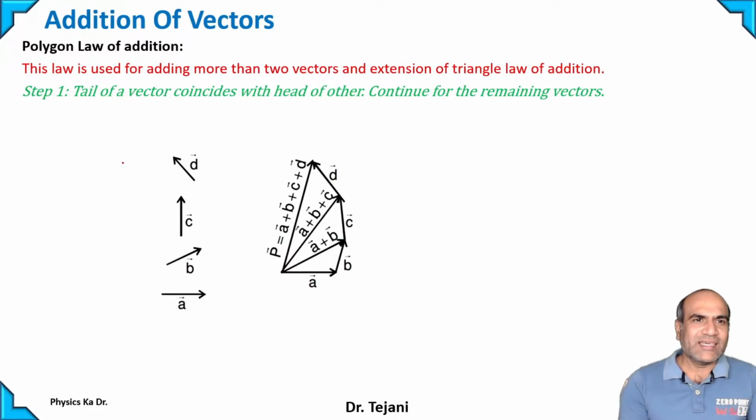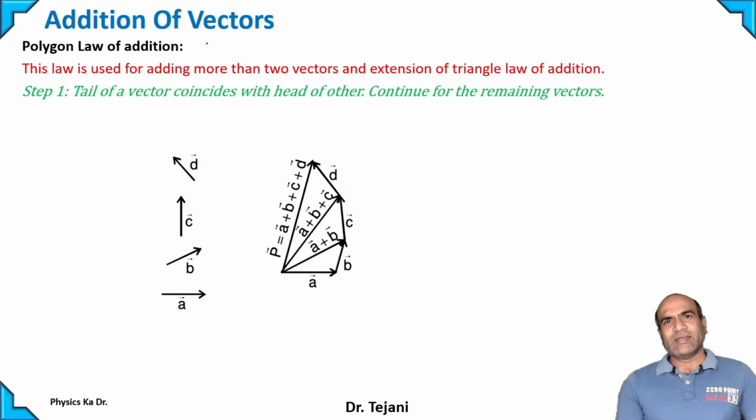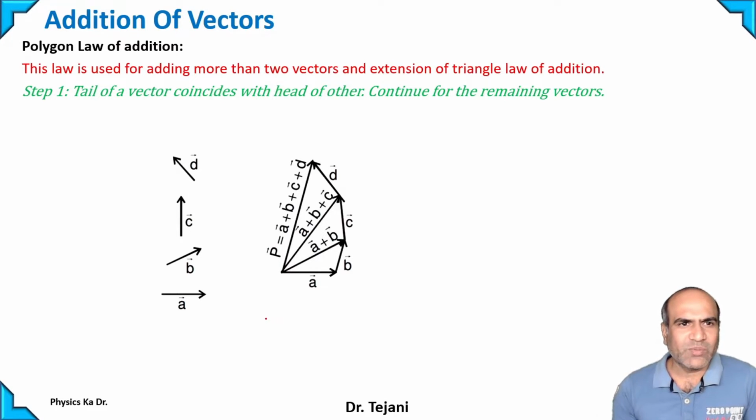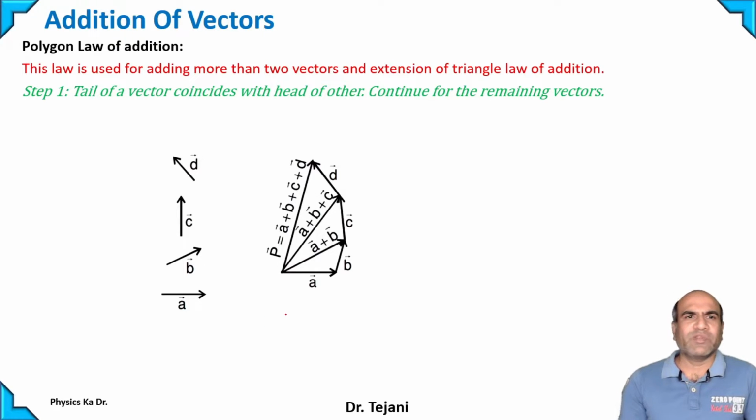Now next is another law, the polygon law. Polygon means it has more than one side, so it is just an extension of the previous law, the triangle law.